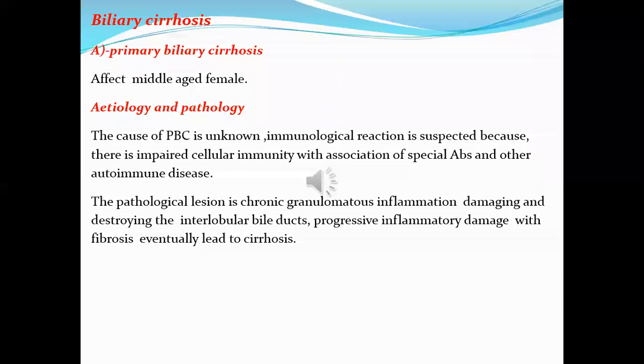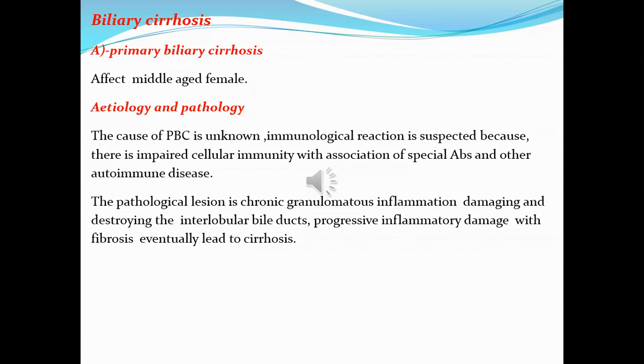An example of liver cirrhosis is biliary cirrhosis. Biliary cirrhosis is classified as either primary or secondary biliary cirrhosis. Primary biliary cirrhosis affects middle-aged females. The cause of primary is unknown.